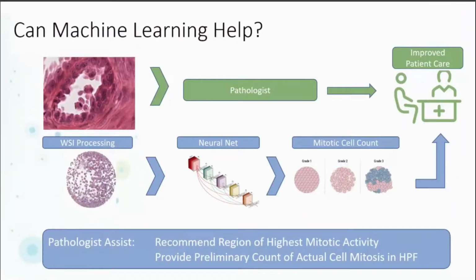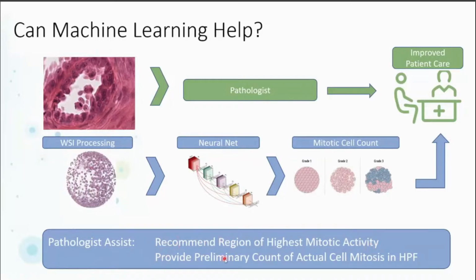So, can machine learning help in this area? That's what the question is, and there's a ton of work being done in this space, and I'm just highlighting a little bit of it. But the approach that most people are taking, and what resonates with me as well, is how can we assist the pathologist in recommending the region of highest mitotic activity.